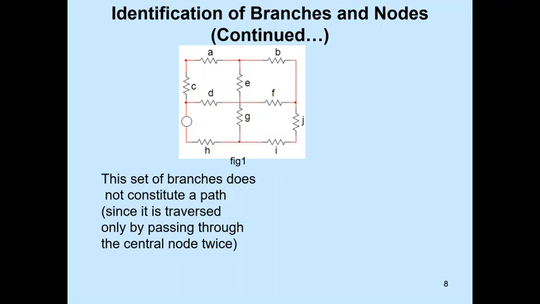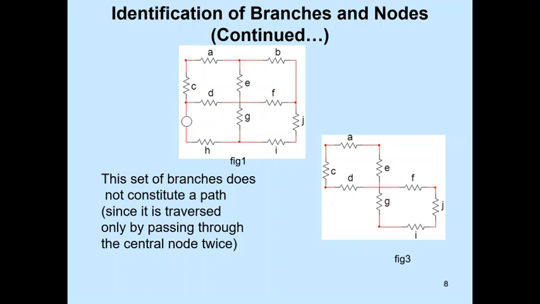See in this figure, this set of branches does not constitute a path since it is traversed by passing through the central node twice.